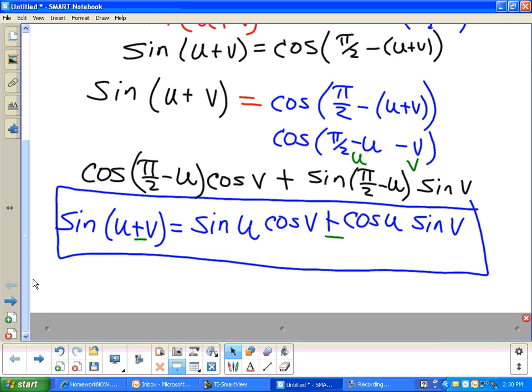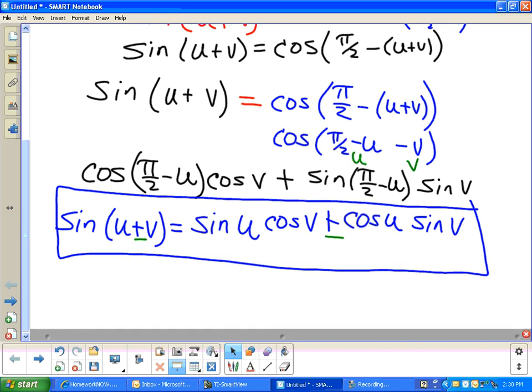So I want to compare that formula to the very first one we had. Why, when you change it to cosine pi over 2 minus u minus v, why is it like cosine of negative v? No, the minus sign is in between the two terms, just like it was u plus v.